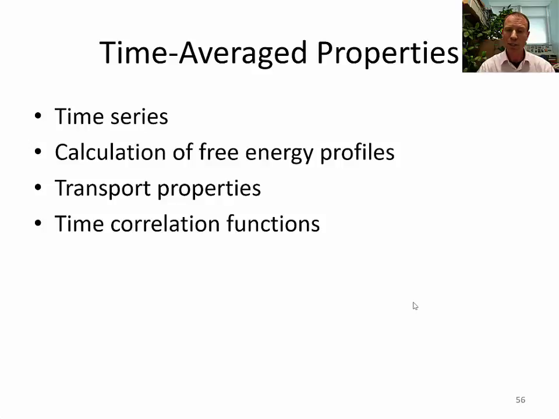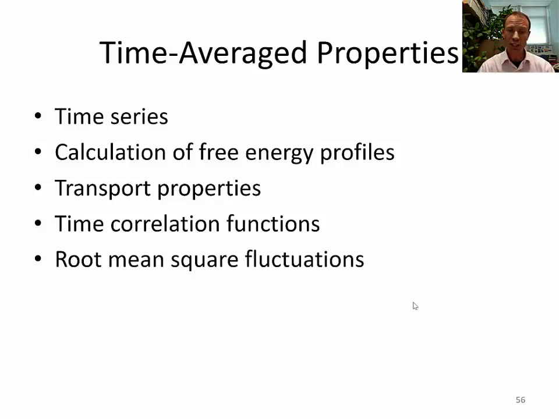So, for example, if we imagine two water molecules next to each other, at a certain time we would expect them to be aligned such that their dipole moments are pointing in opposite directions, or in the same direction. But as time goes on, we could expect these two molecules to move, and the time correlation function, looking at the correlation between orientations of these dipole moments, could be used to give us information about the dynamics of water molecules.